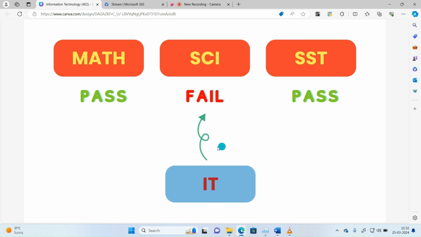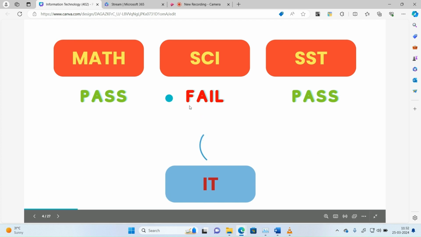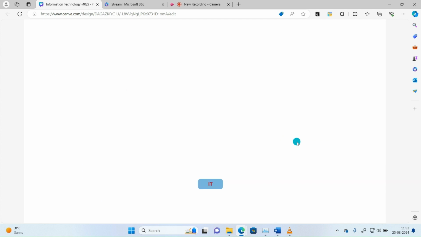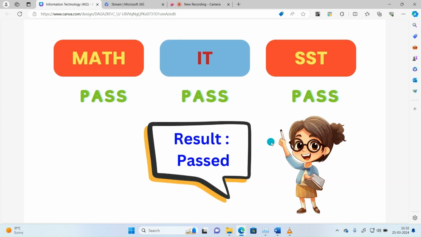If, out of the three subjects which you are seeing above, that is subject 3, subject 4, and subject 5, that is math, science, and social, you fail in any one subject, and you are passing in IT, then IT marks will replace that failed subject. So for calculation of percentage, IT marks will be considered.